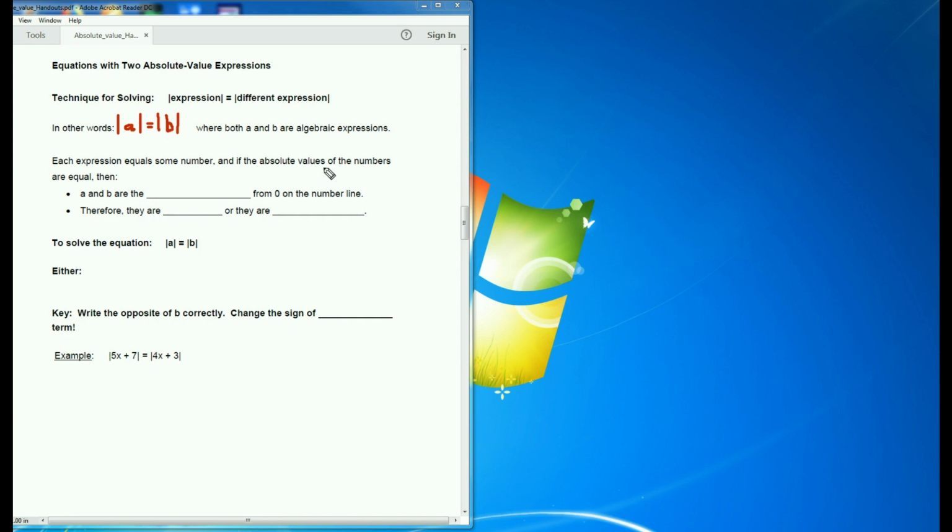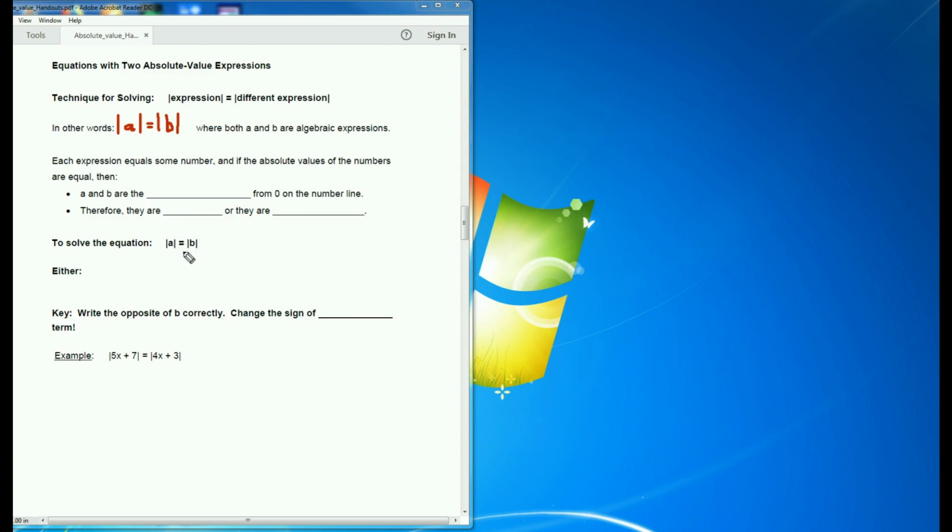And if the absolute values of those numbers are equal, then it means that this stuff and this stuff, A and B, are the same distance from 0 on the number line. Therefore, they are the same number or they are opposites.